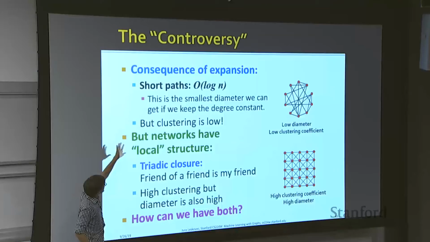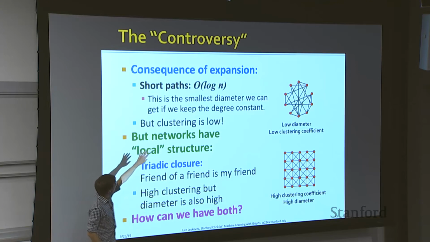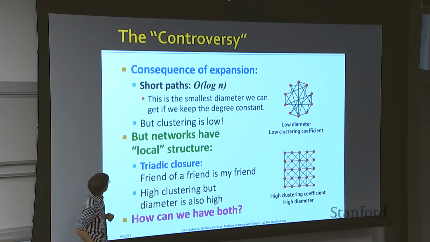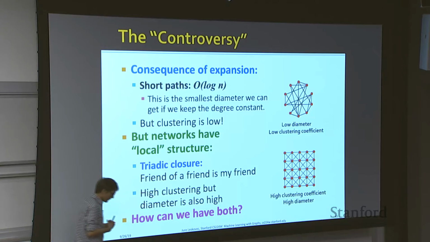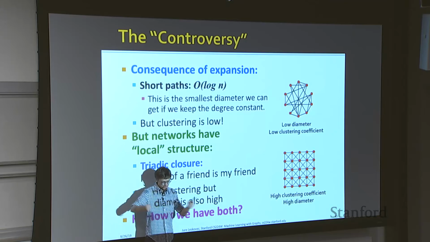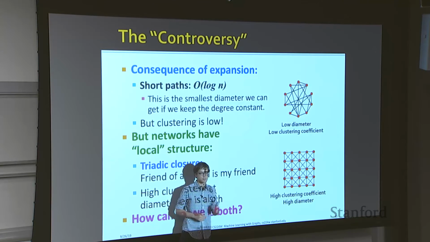The controversy is the consequence of this expansion property I showed you before, that the diameter is small, right? Essentially, this is the smallest diameter you will get if you keep the degree constant. So if you want the shortest paths to be short, the best thing to do is to have a random graph.